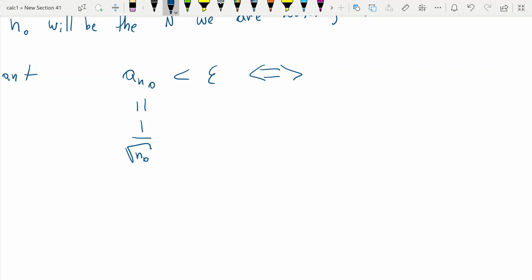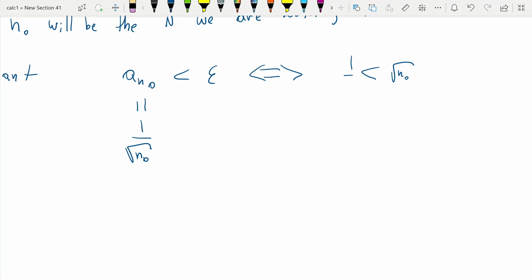Remember, epsilon is positive, so we won't change the order of the symbol; the greater sign is going to be pointing the same direction. So the square root of n0 is greater than 1 over epsilon.